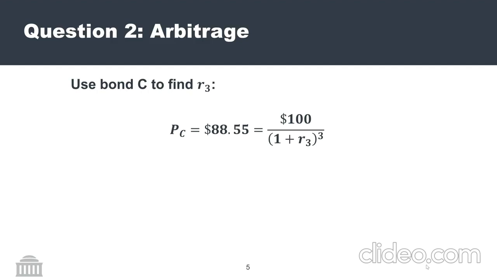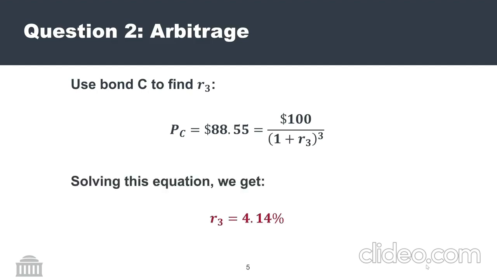So there are no intermediate coupons that this bond pays in year 1 and year 2. We've covered a situation like this in question 1. So here, just for simplicity, we've given you a zero coupon bond. So solving this equation for R3 becomes fairly easy. If we solve it, we get R3 that equals 4.14%.